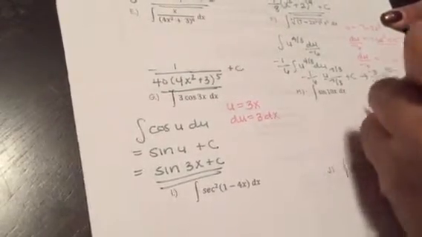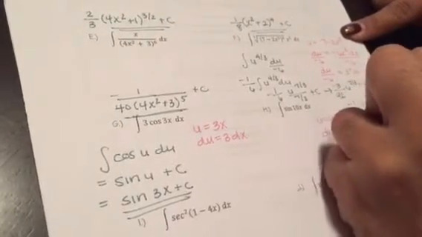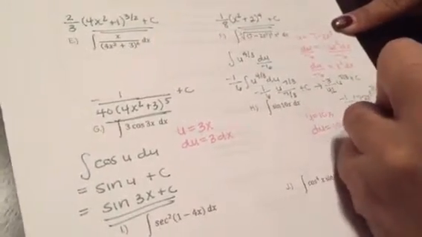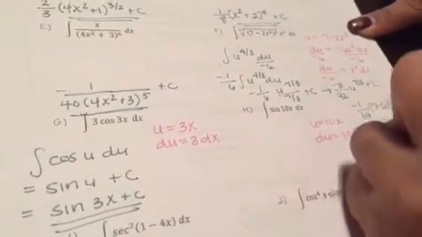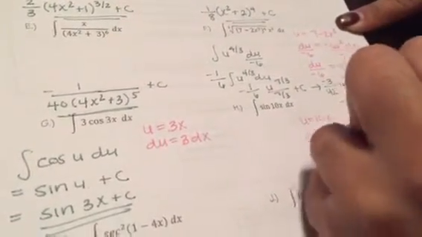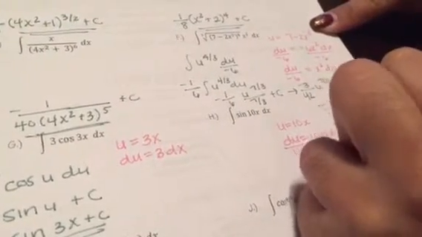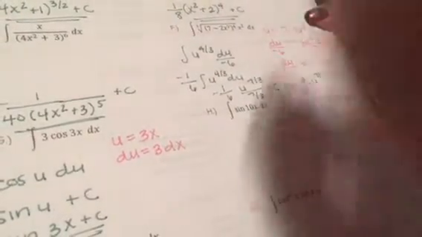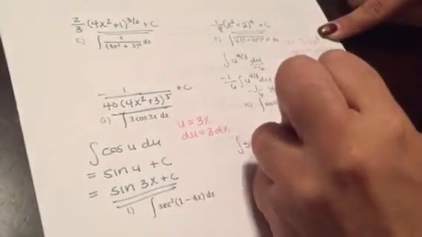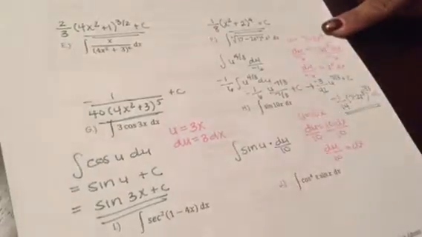Here, same thing. u will be 10x, du would be 10 dx. However, in the original integral, I only have dx, so I divide both sides by 10. So we get du over 10 is equal to dx. Rewrite our integral. So that's the integral of sine u times du over 10.